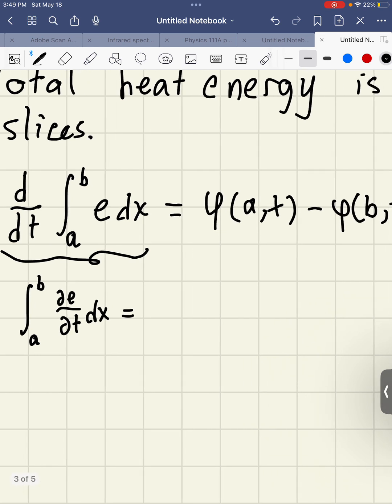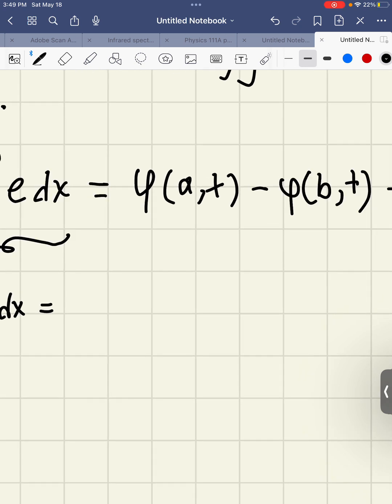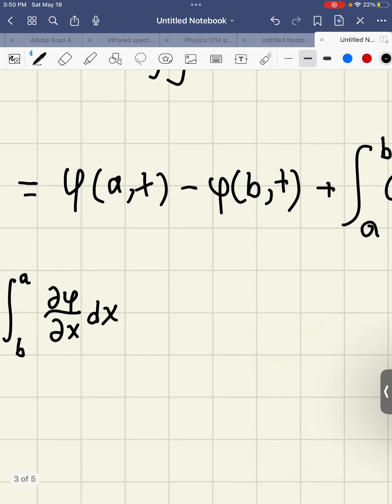Now here I can use the fundamental theorem of calculus. So I can rewrite this as the integral from b to a of partial phi partial x dx. I just used the fundamental theorem of calculus.